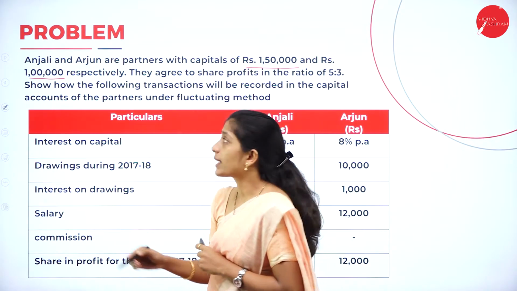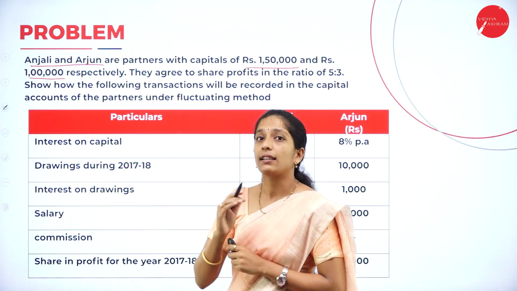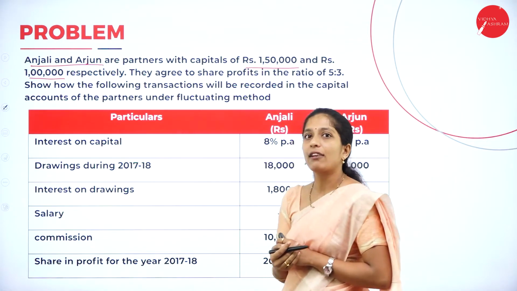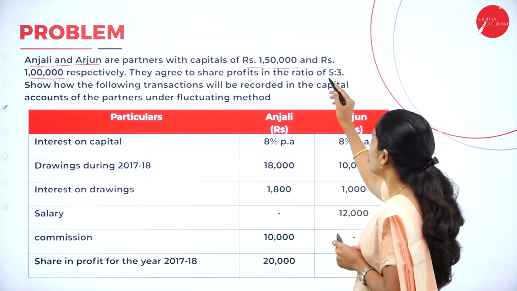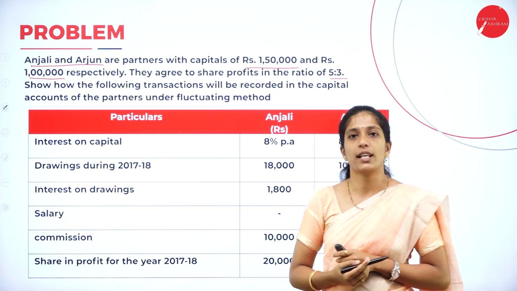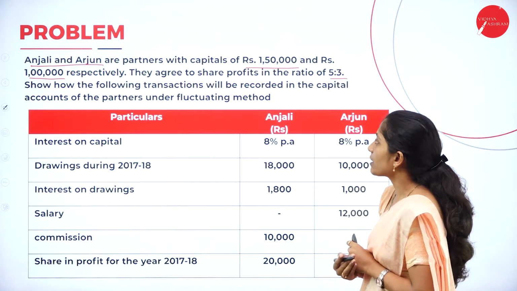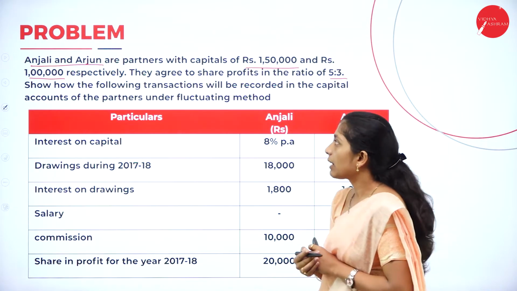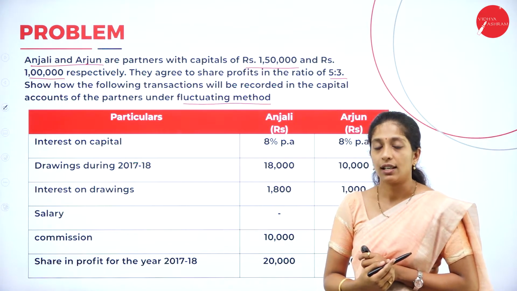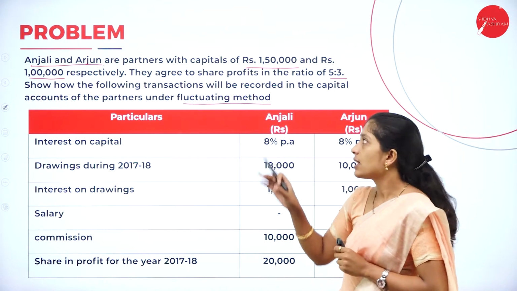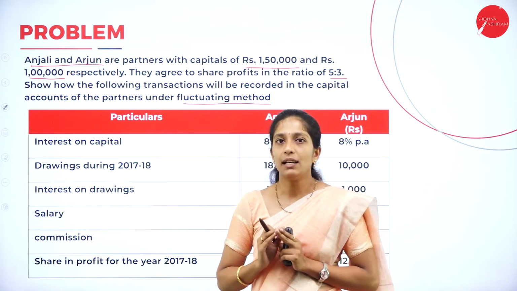They agreed to share profit in the ratio 5:3. Show how the following transactions will be recorded in the capital accounts of the partners under the fluctuating capital method.